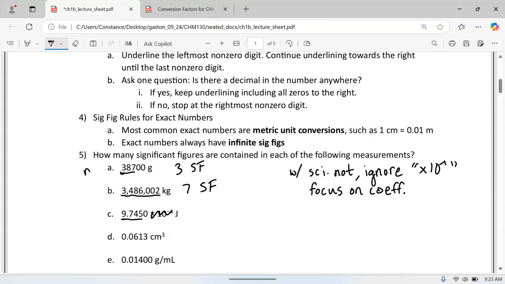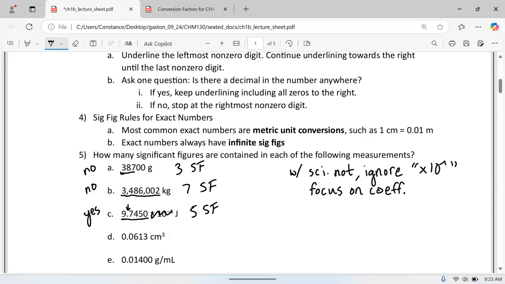So first 2 were no, we didn't see any decimals, but yes, we see a decimal right here. Okay, and so because I see that decimal, I'm going to keep underlining and including all zeros to the right. So I'm going to keep underlining out until I get to that last 0. So this time I have 1, 2, 3, 4, 5 sig figs.